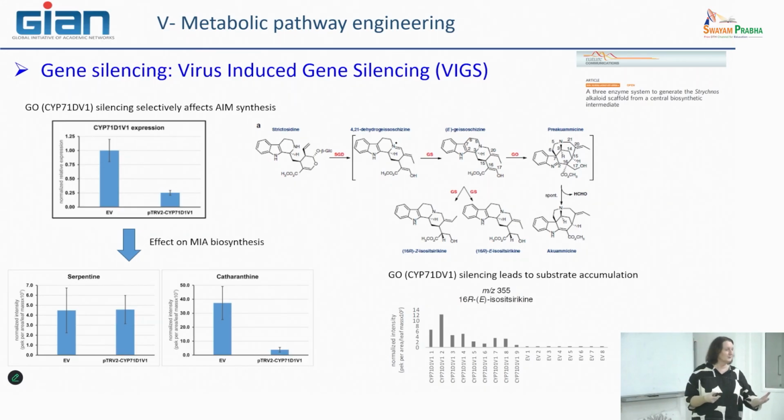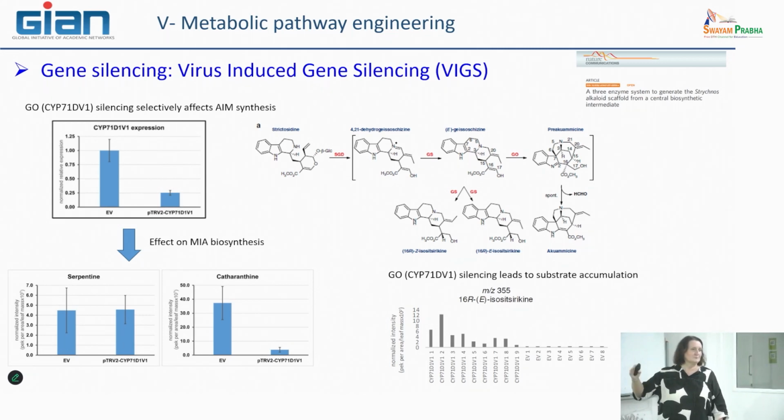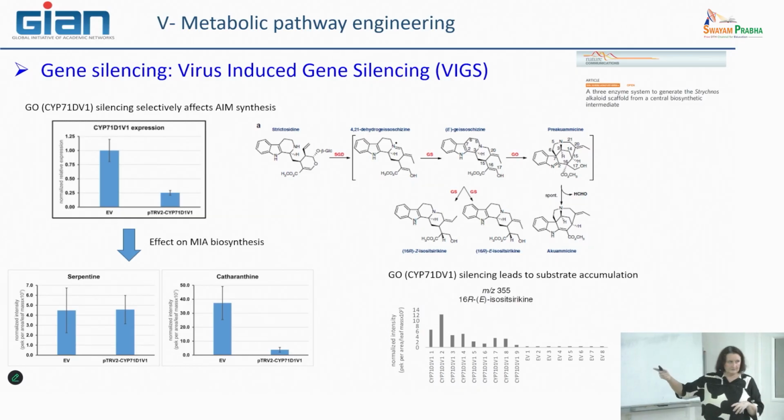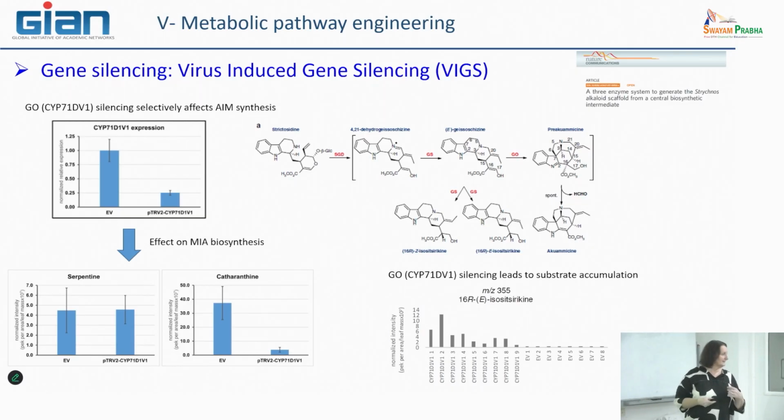When you present a metabolic pathway saying this step is catalyzed by this enzyme, you can't imagine how much time was needed to know which enzymes are really involved. But now, with these techniques, we can modulate the activity of these enzymes and completely modify the quality of the extract, meaning the nature of the metabolites you have in the extract of a particular plant.